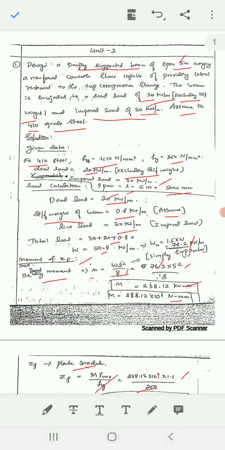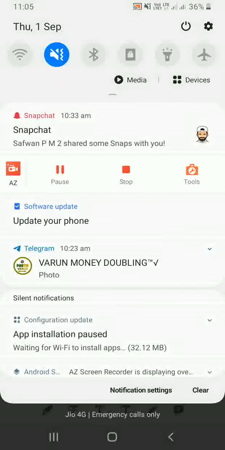If they give like this, the beam is subjected to a uniformly distributed load of something kilonewton, that load you have to take directly, that is nothing but the total load. Then you can go with the next step, the moment. No need of live load, self weight, everything, they combined and given. Okay, these are the things to be remembered in the module 3.